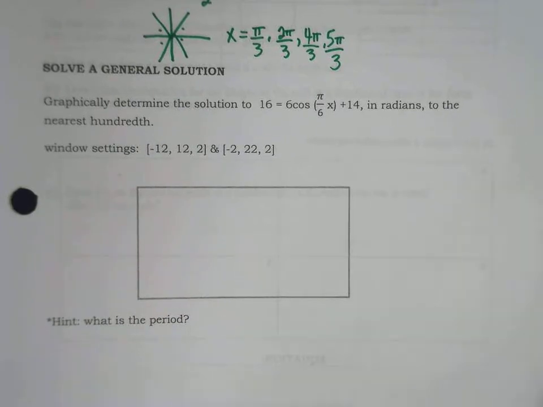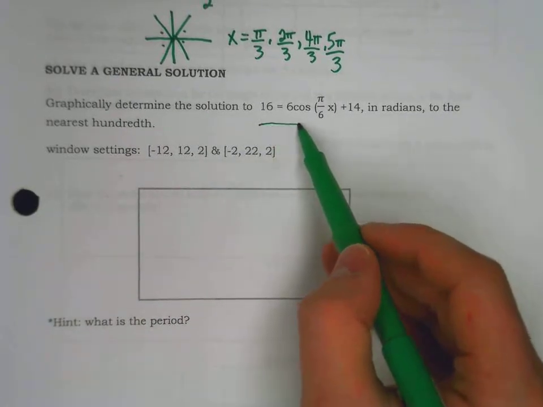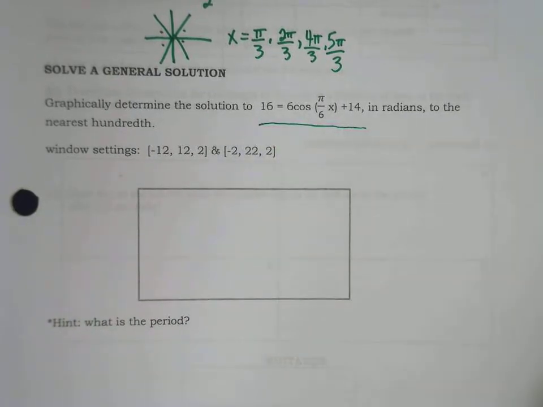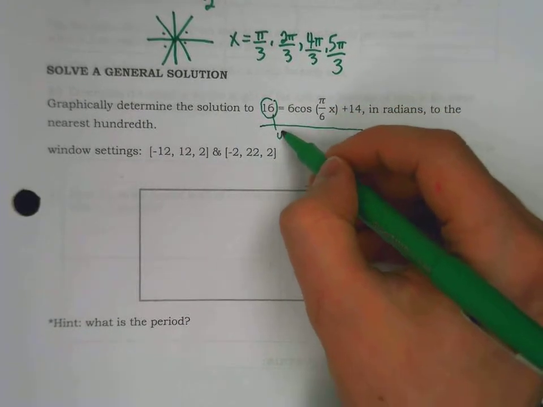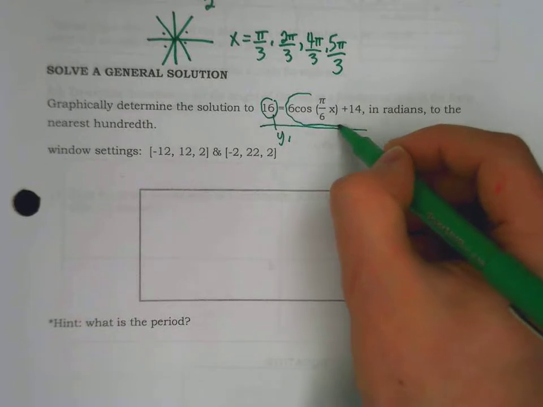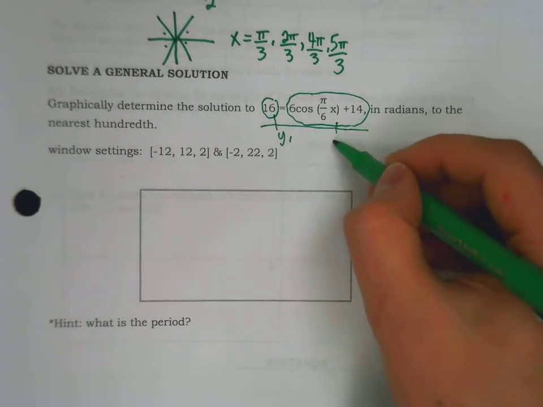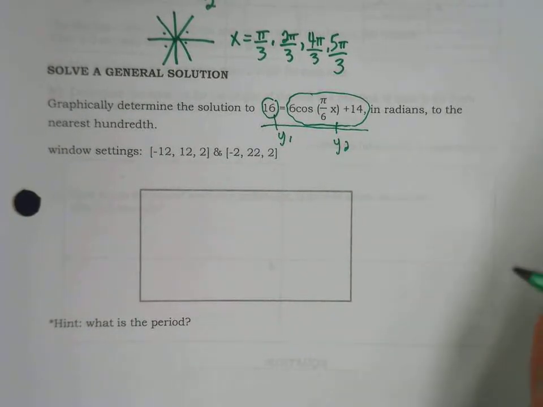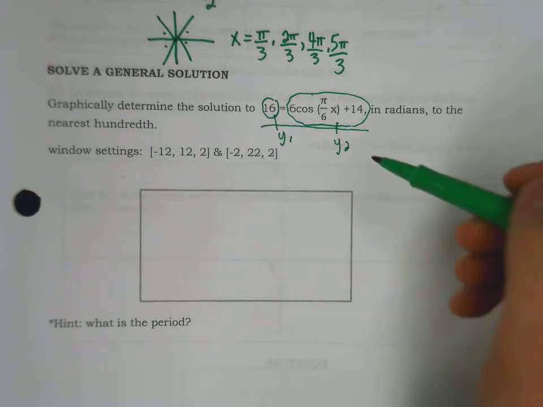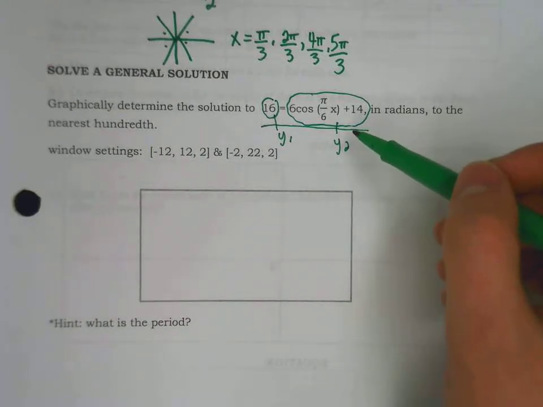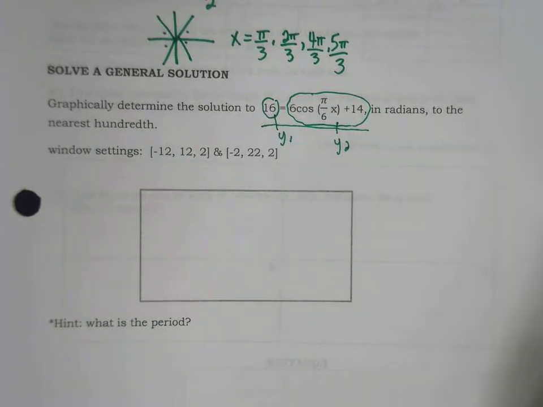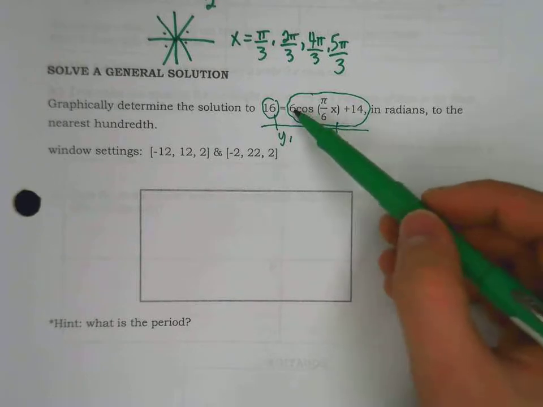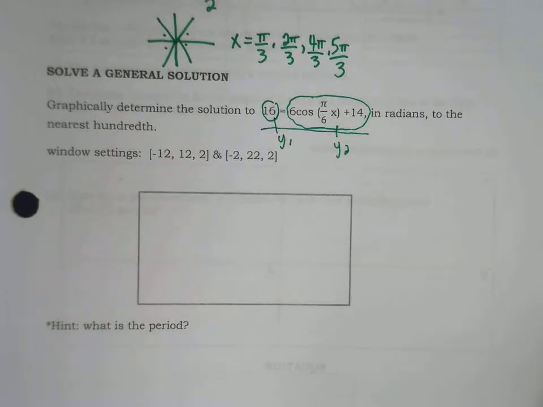Solving a general solution, this time when you look at an equation like this is not a question we're going to attempt algebraically. This feels very much like a 5.2 graphing question, and that means we're going to approach this as a 5.4 calculator graphing question. This doesn't feel like a chapter 4.4 solving equations using the unit circle kind of an example. This looks more like a B, D type of question.